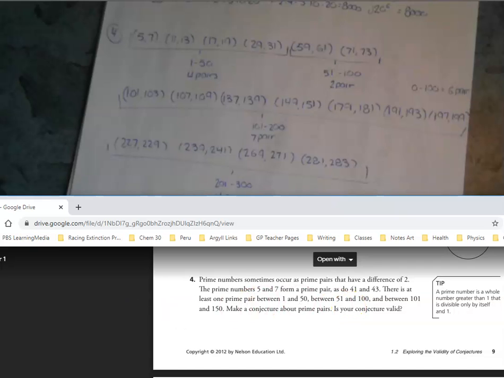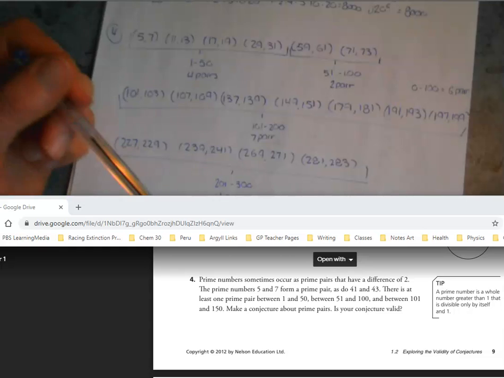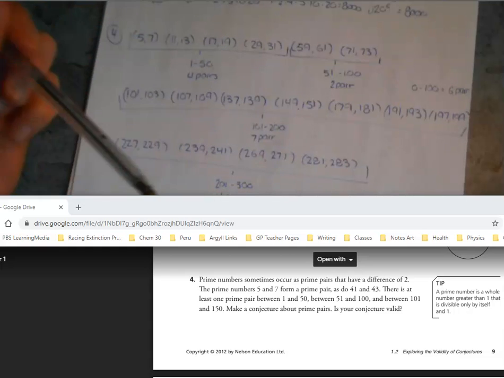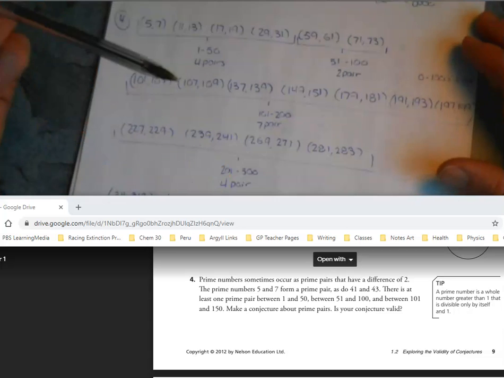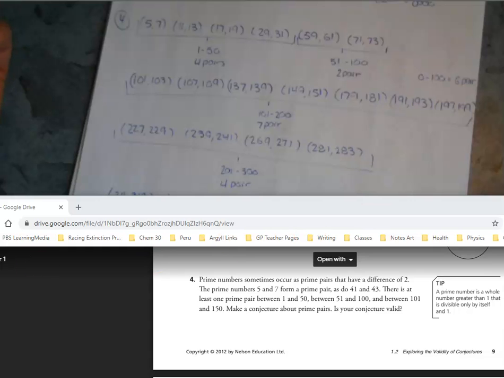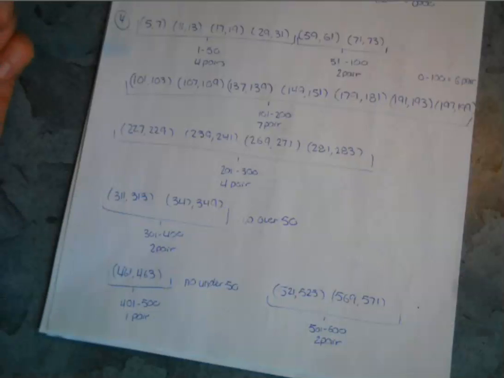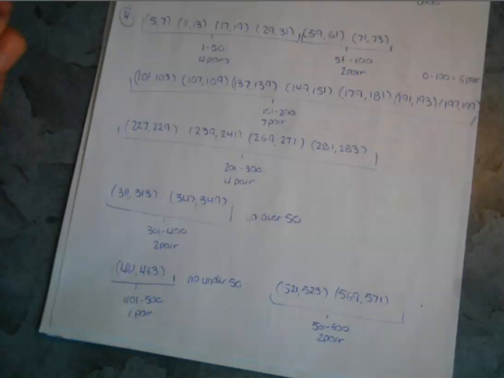Now it says make the conjecture, so that's the conjecture I'm making, and then it says, is your conjecture valid? And I would say yes, probably, because I've done quite a few pairs, right? I mean, there's only so much you can do in a certain amount of time. So it seems like the conjecture is true for groupings of numbers between the groups of 100.